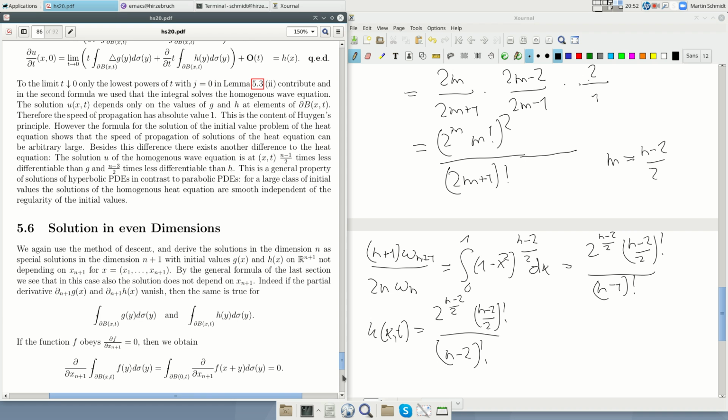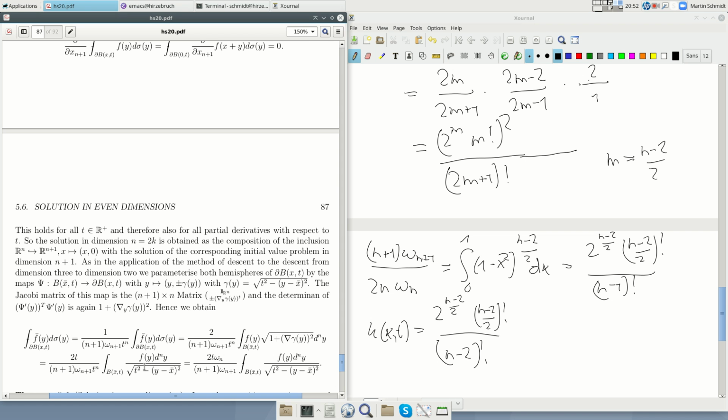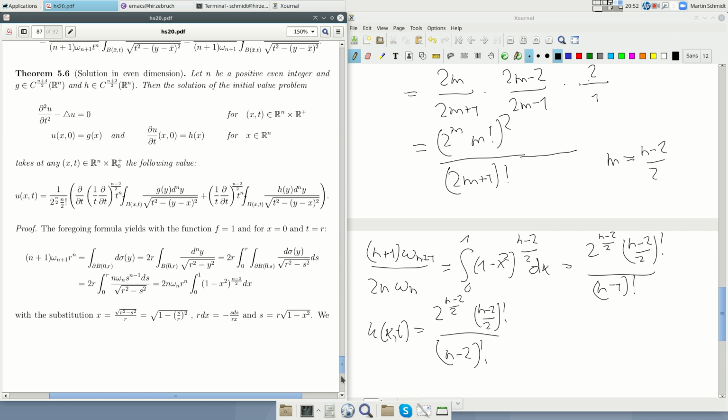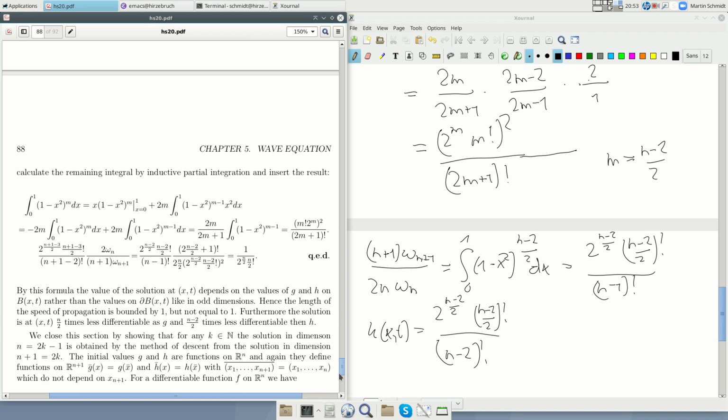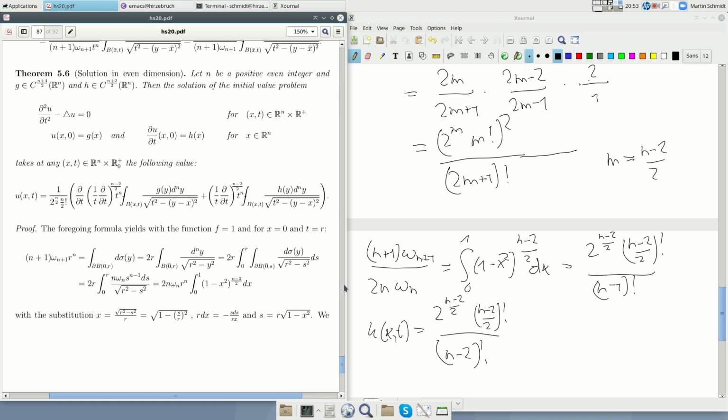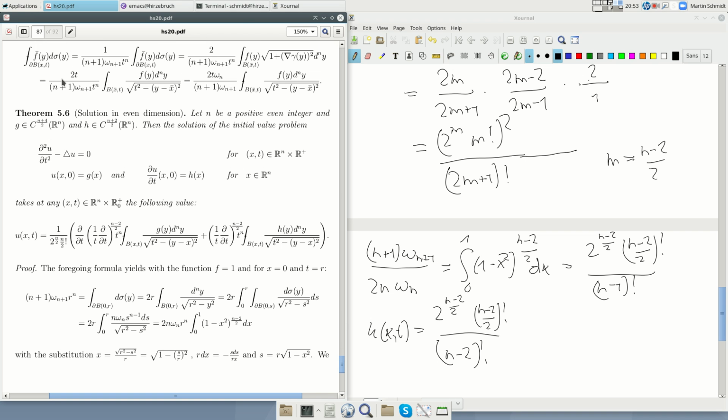But in addition, we have this factor here, by our formula here.